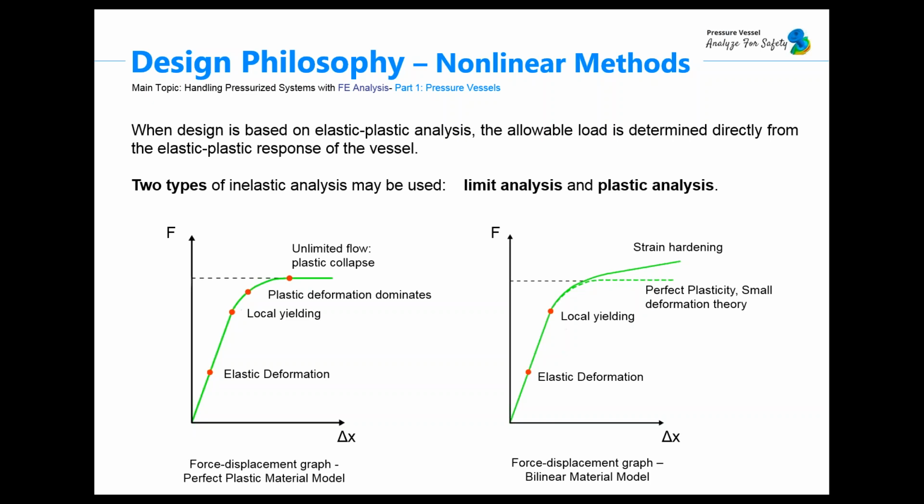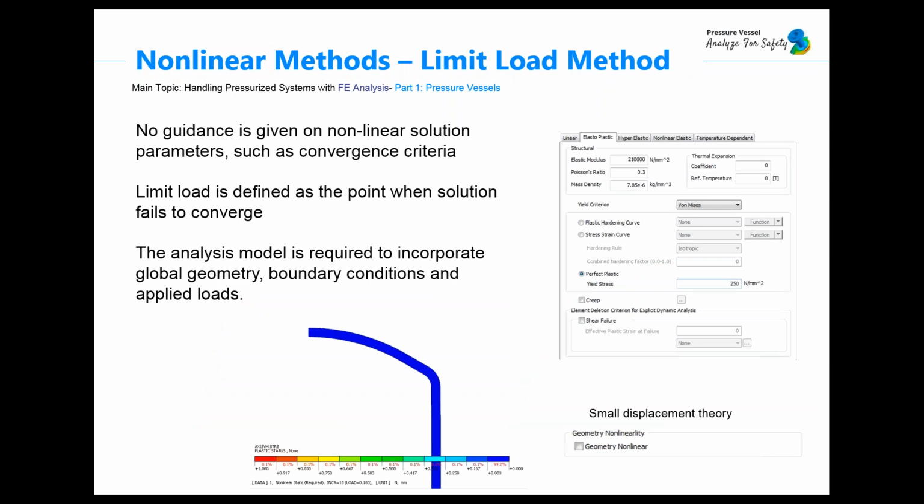And changes in structural configuration as loading progresses can also affect the load carrying capacity of the vessel. If large structural deformations occur, the structural load spread may change, and this can increase or decrease the load carrying capacity of the vessel. In design by analysis terminology, the elastic plastic analysis, including strain hardening and large deformation effects, is called plastic analysis.